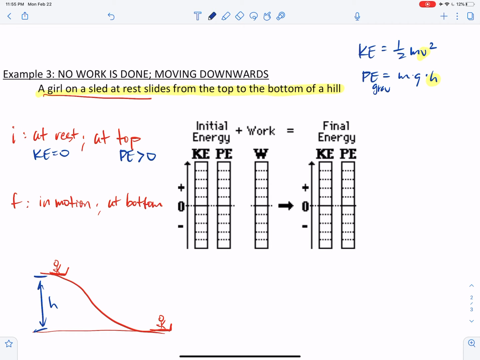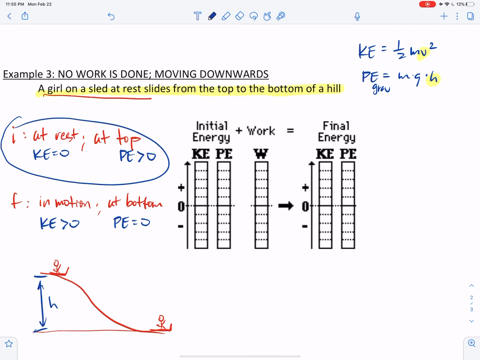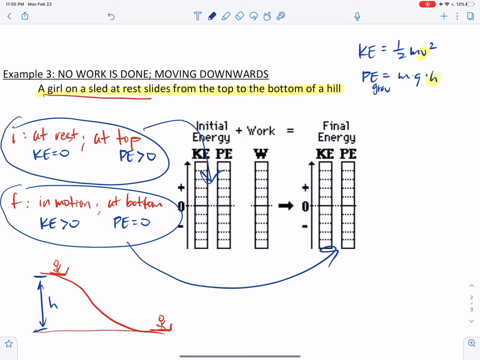Okay, let's take a look at the final state. Down here at the bottom, the girl is in motion, so she has kinetic energy, some positive value of kinetic energy, but she's at the bottom and she has no height, therefore her potential energy is 0. Okay, so taking these descriptions of her initial state, putting them in here, taking these descriptions of her final state, putting them in here, and then if there's any difference, I can make that up in the work column.